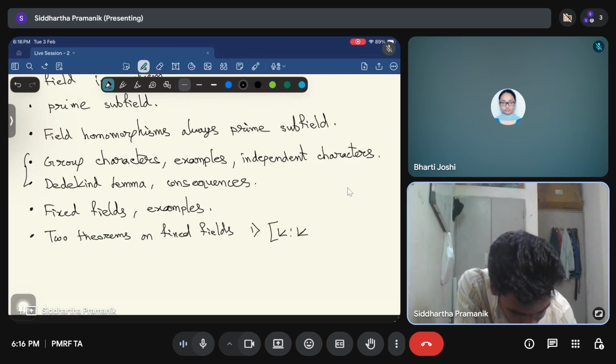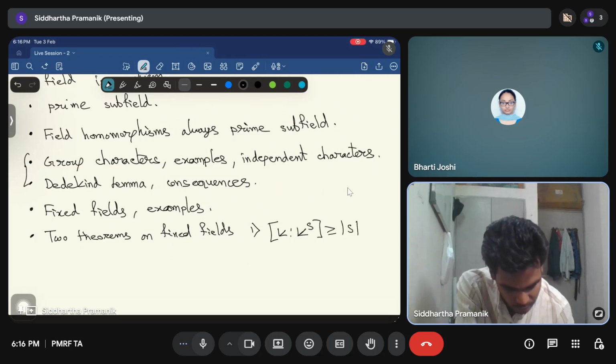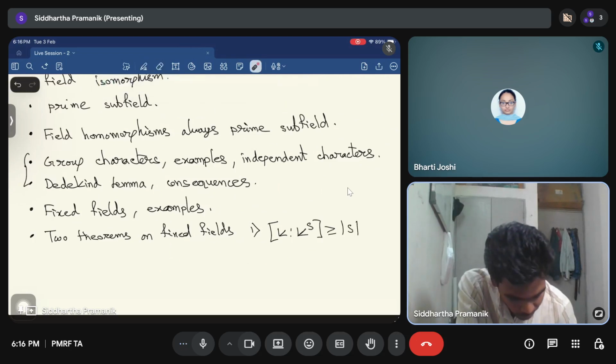So the first one is basically that the degree of K over the fixed field of S has to be at least the cardinality of S. So what is this?